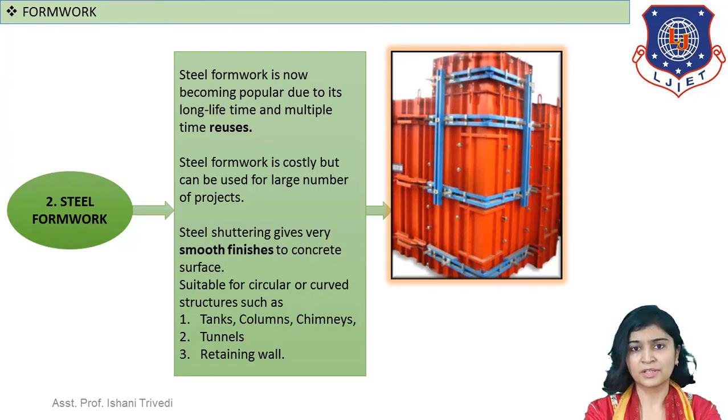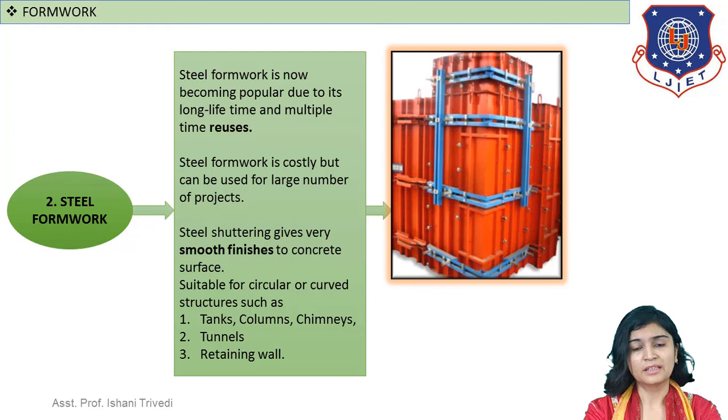But there is always a combination of the formwork material. Partially steel formwork is used and partially timber formwork is used, because for certain sections, let us say column, generally timber formwork is used. But if you see in the point of comparison, steel formwork is more advantageous as compared to timber formwork.